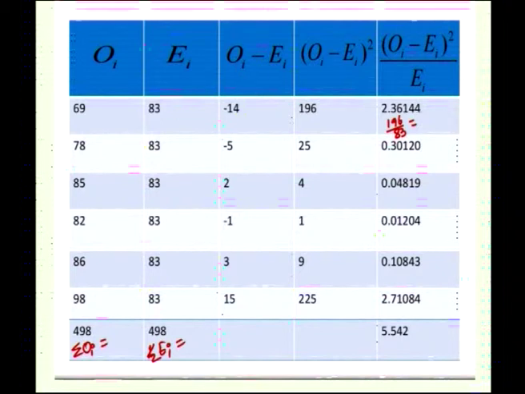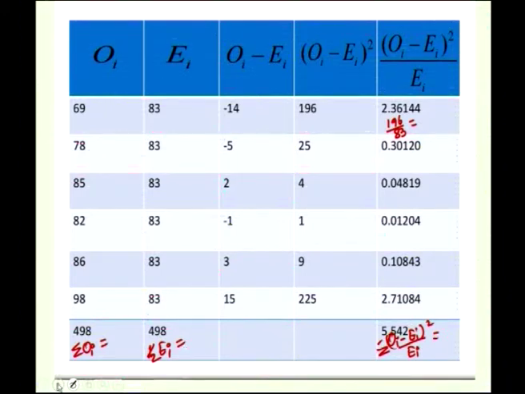Then 0.30120, like that we have formed this column, and its total comes to be equal to 5.542. What is the summation? It is nothing but summation OI minus EI whole square by EI, that is 5.542.